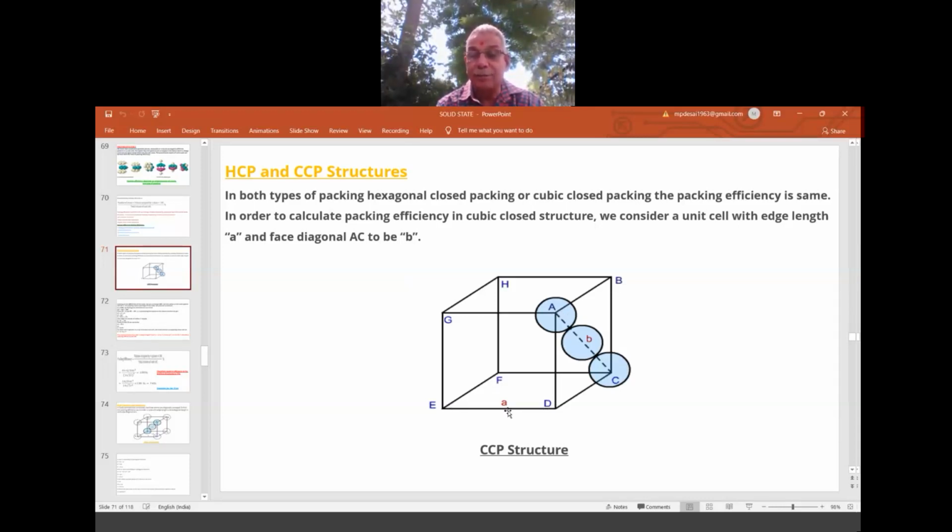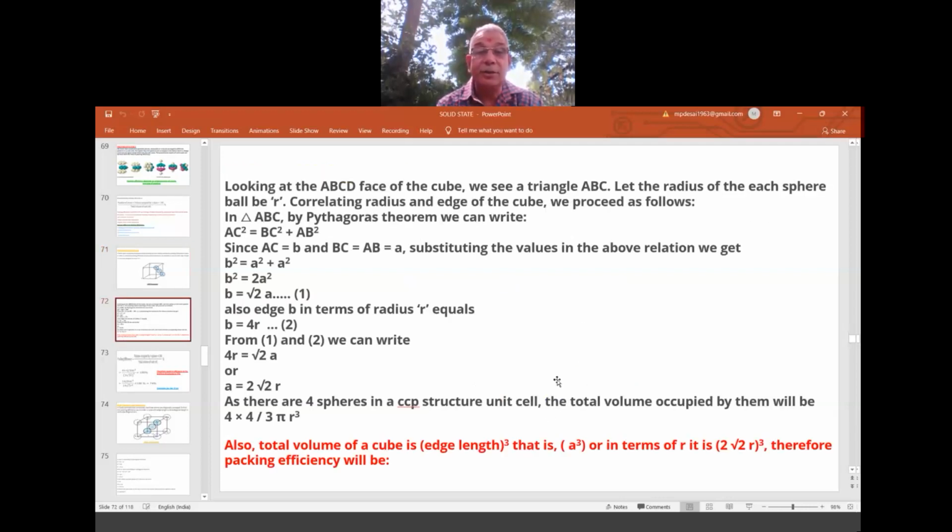This is a perfect cube, so all are a everywhere. AB is a, AD is a, DC is a, everything is a. So this is the hypotenuse b. Now, AC square equals BC square plus AB square. AC equals b, so b square equals a square plus a square. Both are the sides of the cube, both are the same a, so a square plus a square.